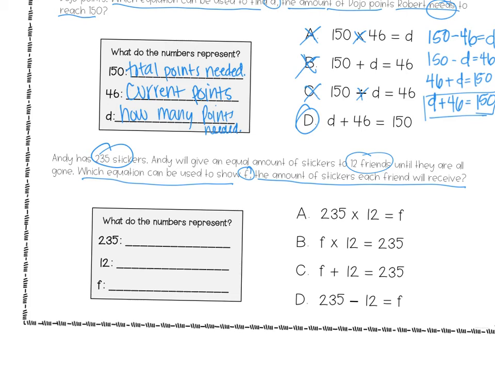So we know that he has 235 stickers, so that is a total amount of stickers. He's going to split those up with 12 friends. So 12 is the amount of friends he has. And F is going to represent the amount of stickers each friend will receive.